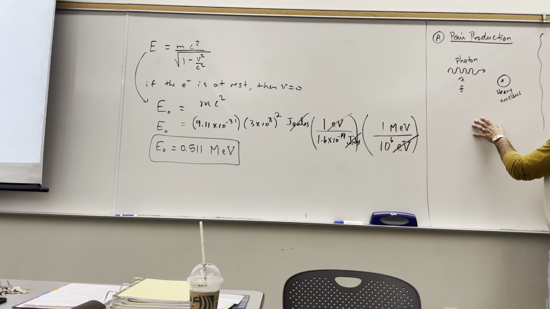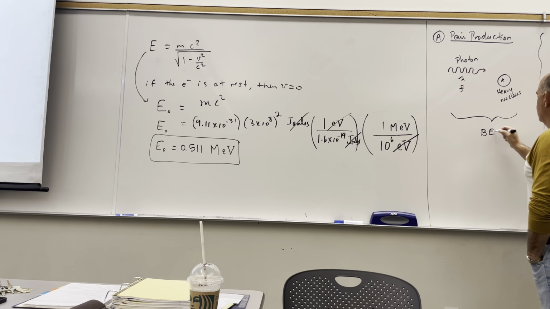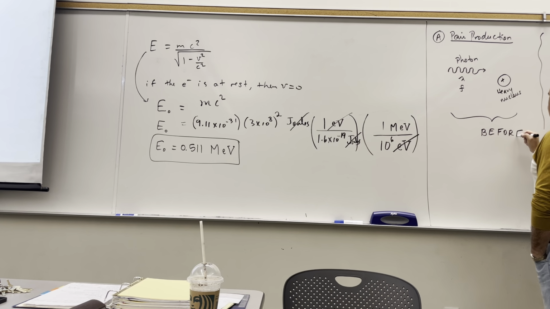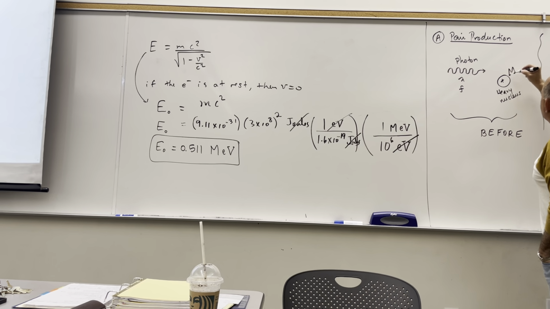So this picture over here is before the photon interacts with the nucleus. And after, what do you see afterwards? What's observed is that after the collision or interaction, you still have the heavy nucleus in there, and let's say the mass of the nucleus is m sub n.